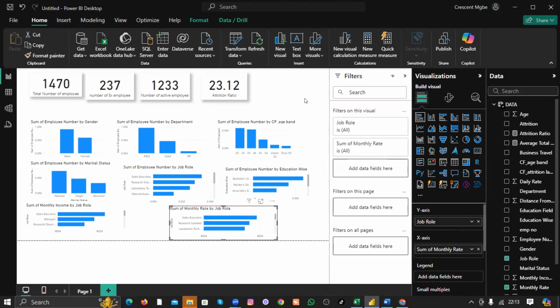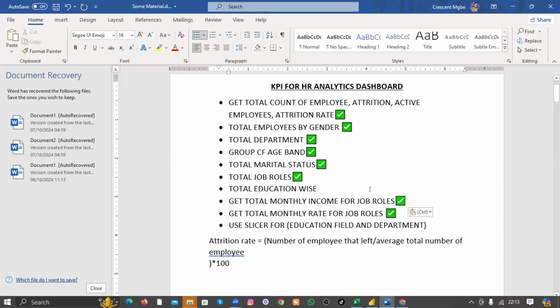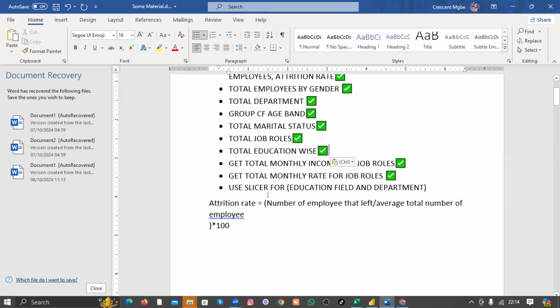The next one is they want you to put a slicer for education field and department.